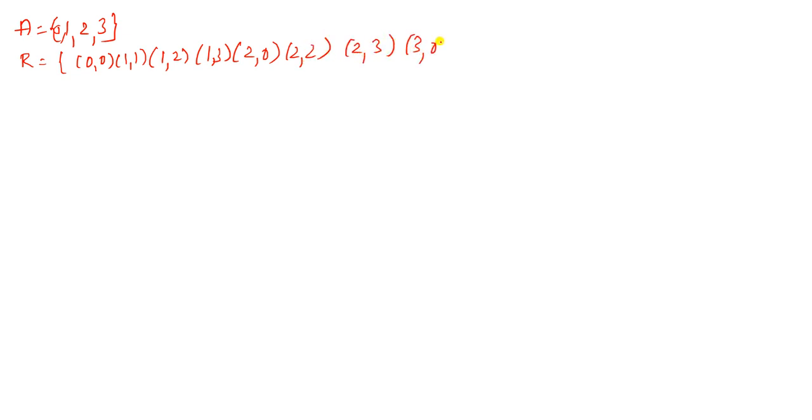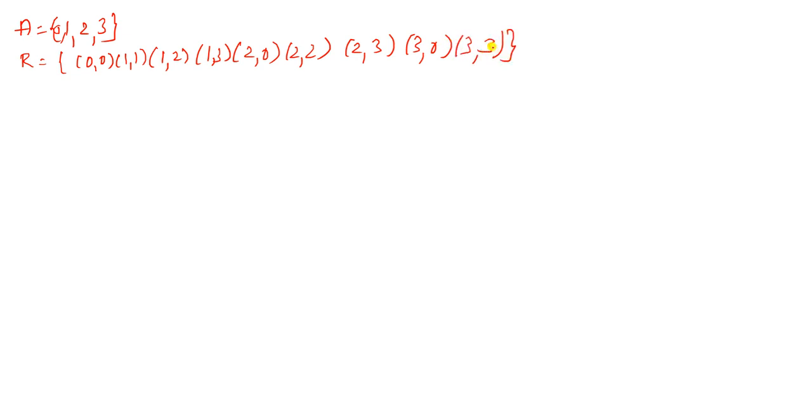I take another example. A is equal to {0, 1, 2, 3} and the relation will be 0 comma 0, 1 comma 1, 1 comma 2, 1 comma 3, 2 comma 0, 2 comma 2, 2 comma 3, 3 comma 0 and 3 comma 3.